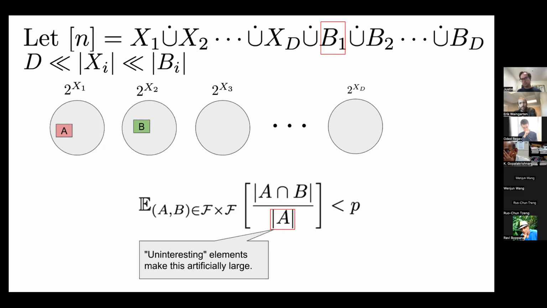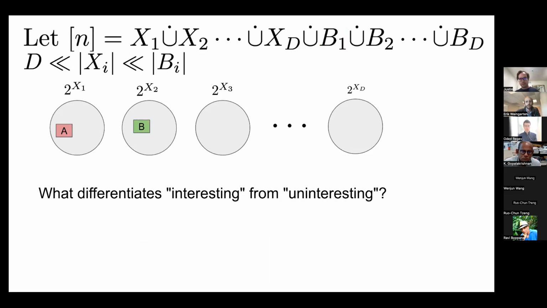So this expectation will tend to 0. I think this expectation is roughly 1 over d, because the main terms that contribute to the expectation are when A and B are in the same xi. Okay, so this is small, and it's also union closed, so the number of unions I get doesn't grow. Staring at this construction, I had 2 questions.